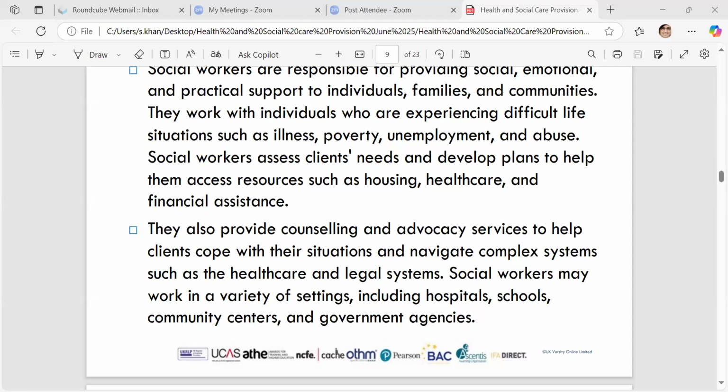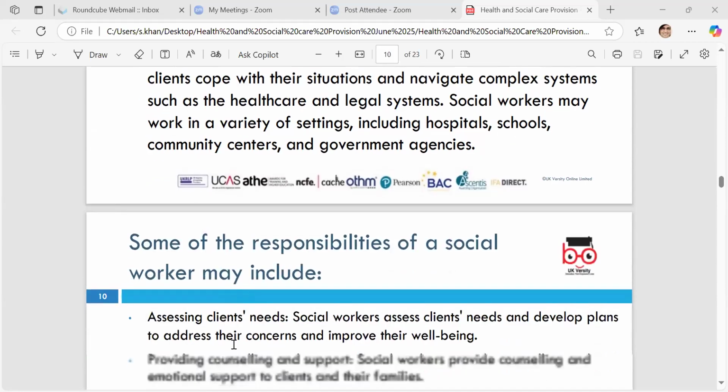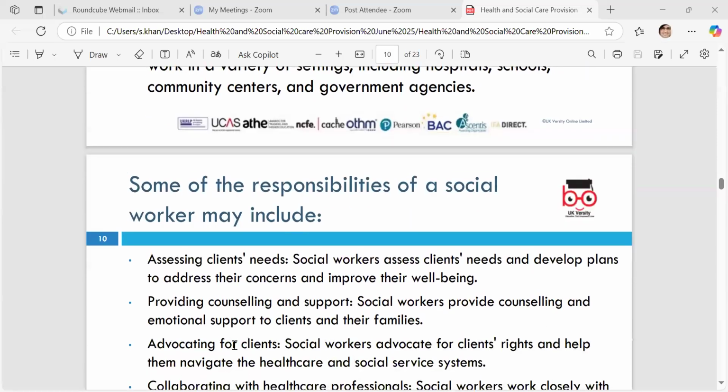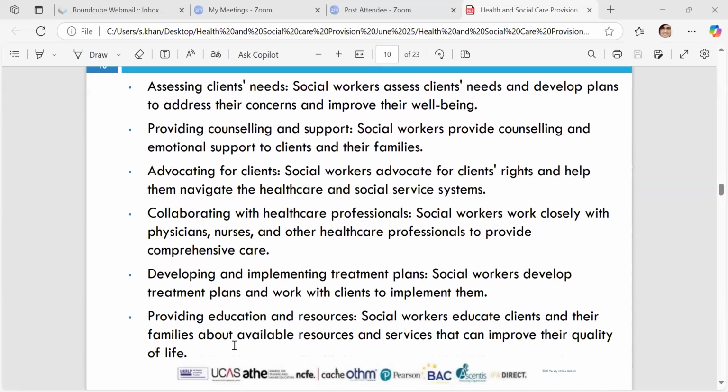Social workers may work in a variety of settings, maybe hospitals, schools, the community, government agencies. They provide people with assessing clients, providing counseling and support, and collaborating with other people. If there are children, they focus on child protection.